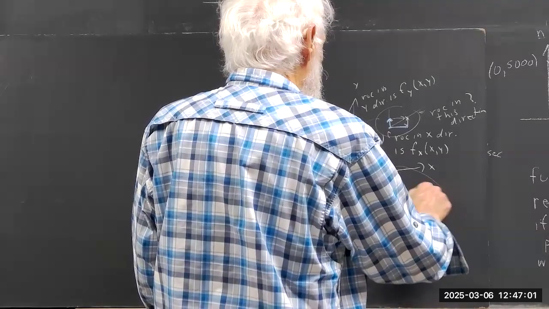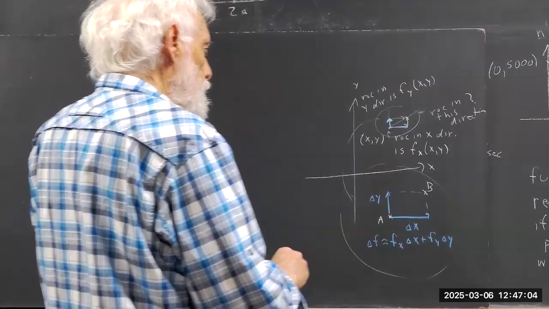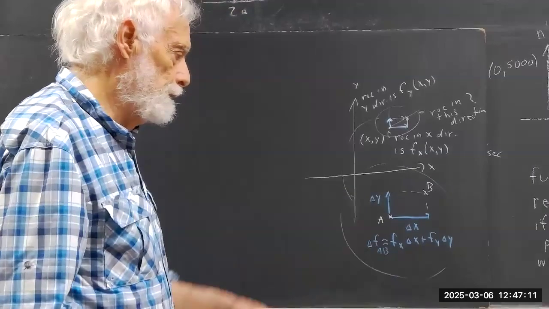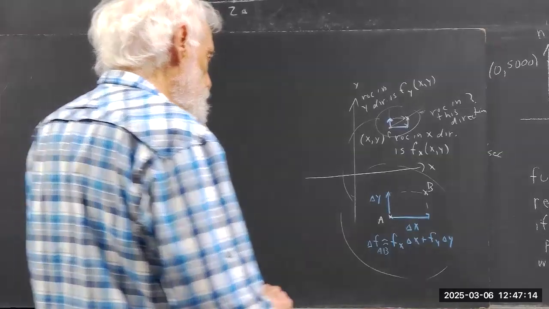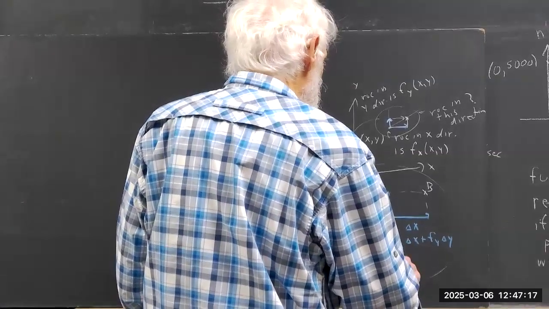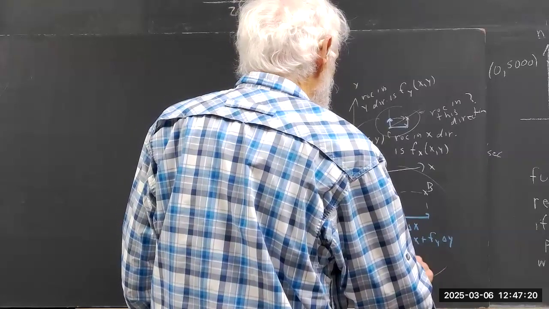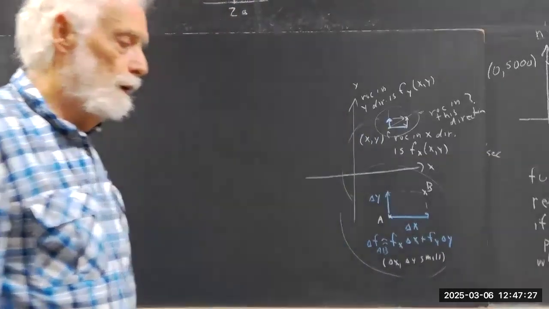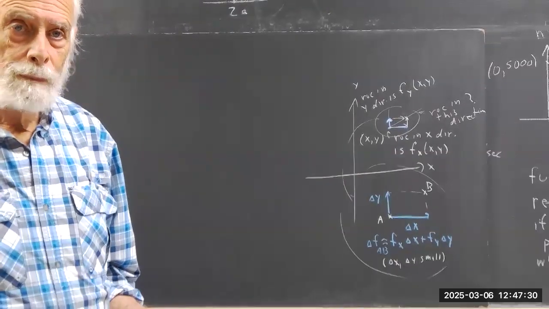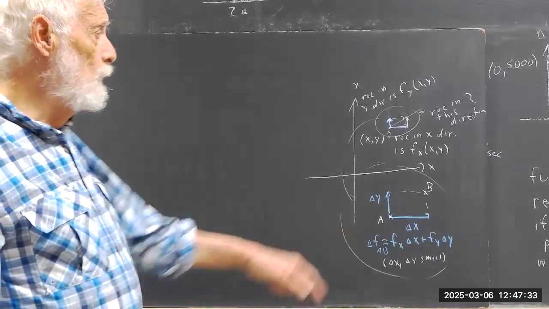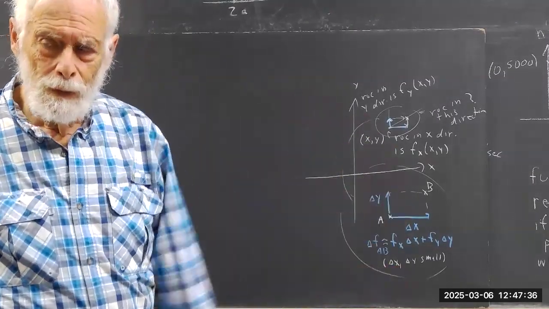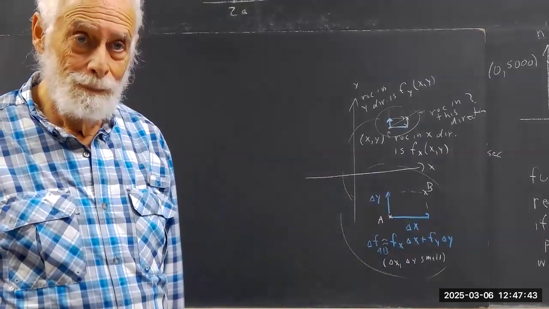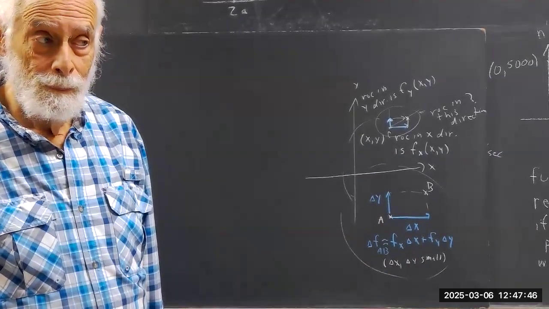Let's call this point A, and this point B. So what I'm saying is delta f from A to B is approximately equal to this, when delta x and delta y are both small, assuming a well-behaved function, a function whose higher derivatives are all continuous and bounded. Smooth.